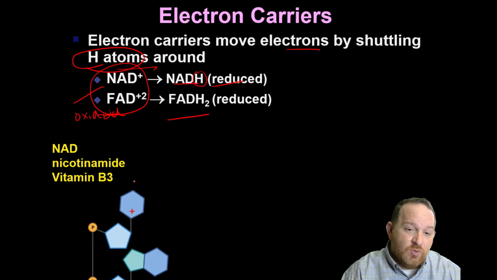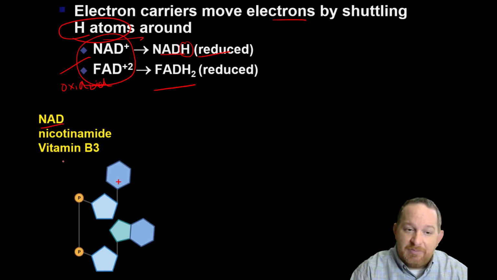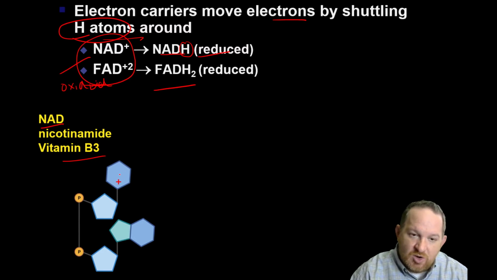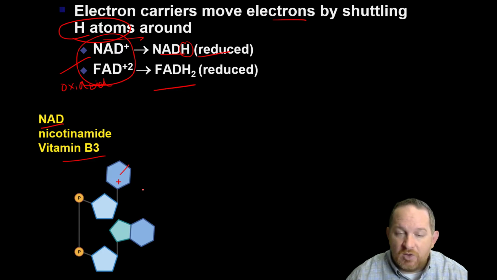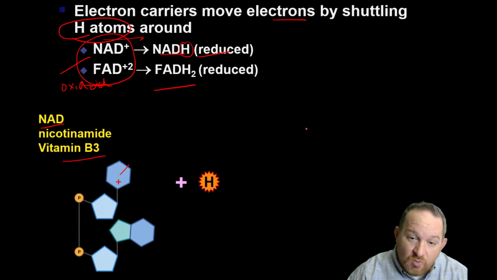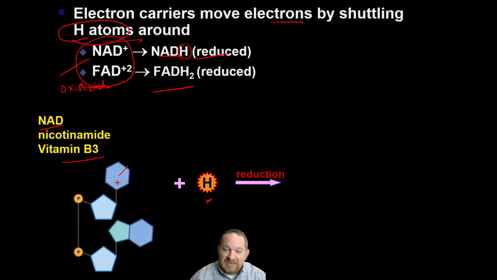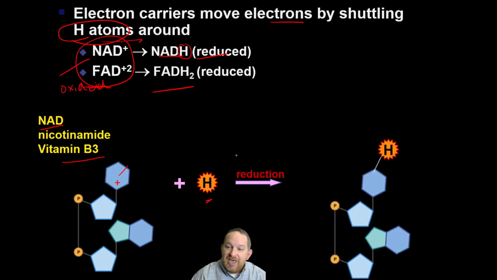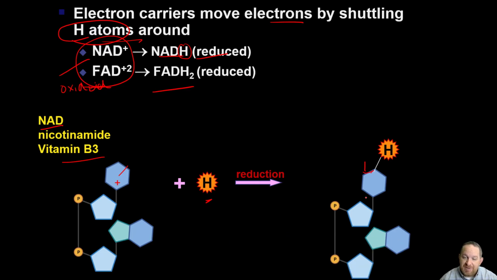And here's just sort of what you see. Here's NAD, which happens to be vitamin B3. That is one of our electron carriers. Notice it has a slightly positive charge here on this particular end of the molecule. So when this becomes reduced, a hydrogen with its electron is added. Reduction occurs, and that hydrogen attaches to the molecule, and now it no longer has that positive charge because it carried an electron with it to help the charges balance.